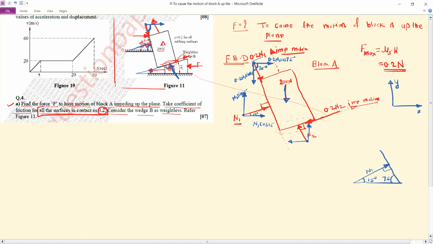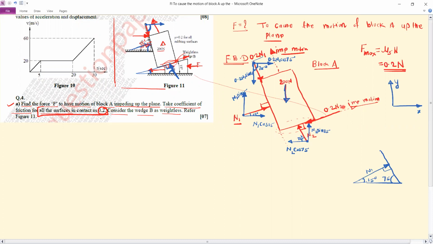So this is 90. So this remaining angle will be 90 minus 15. So this will be 75 degrees. So the x component will be N2 cos 75, and this y component will be N2 sin 75.